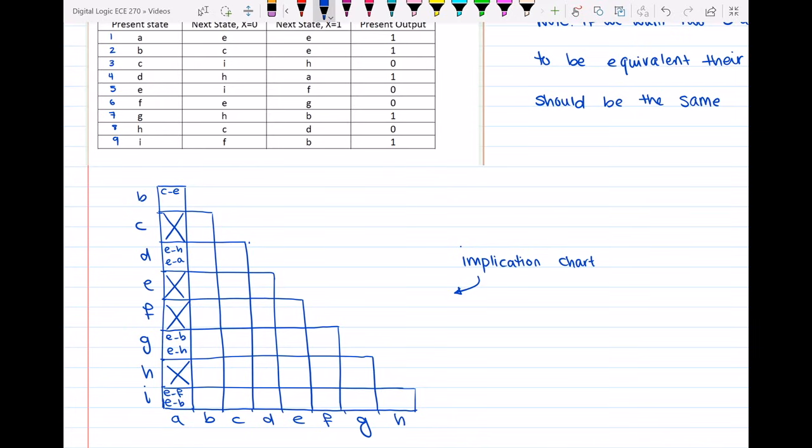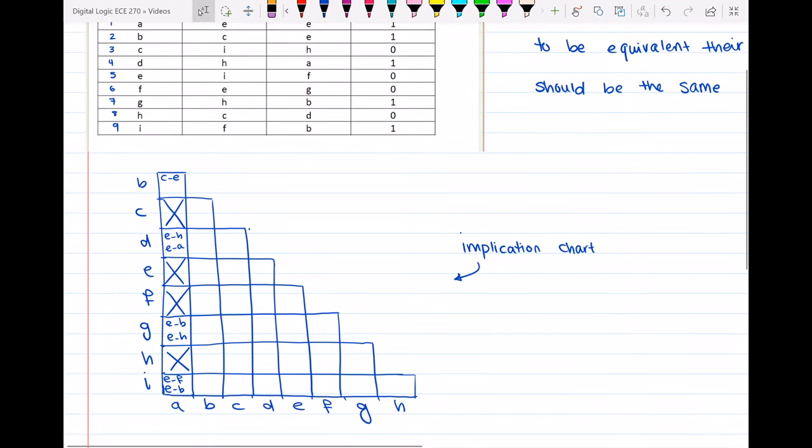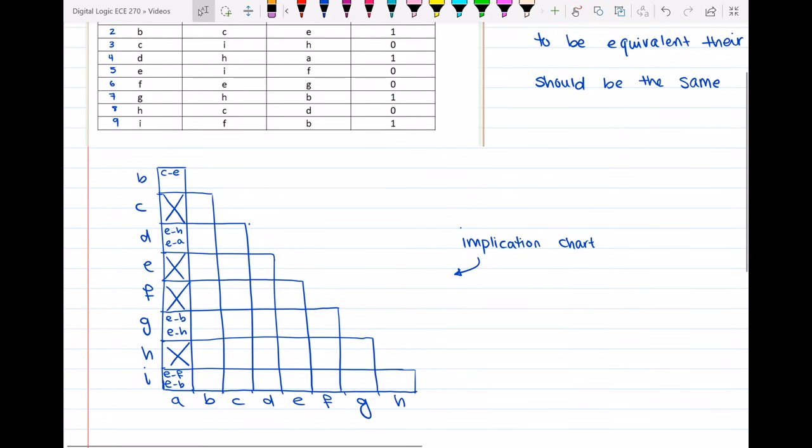So now let's go to the next column. The next column is comparing state B to other states. From here on, we will compare row 2 until 9. So row 2 to 3, 2 to 4, until we reach state I. Row 2 and 3 clearly cannot be compared. They have different outputs, right?